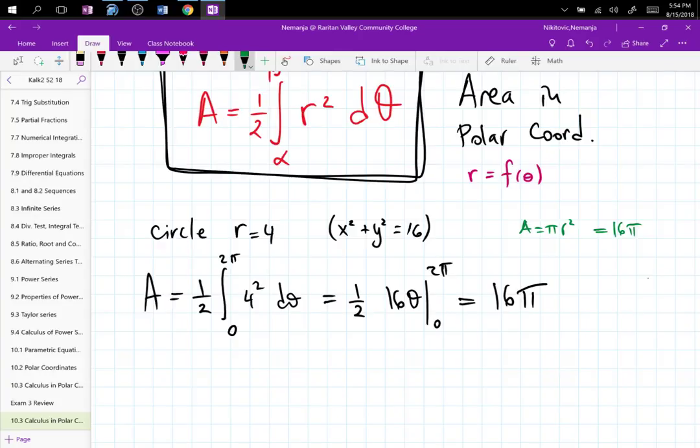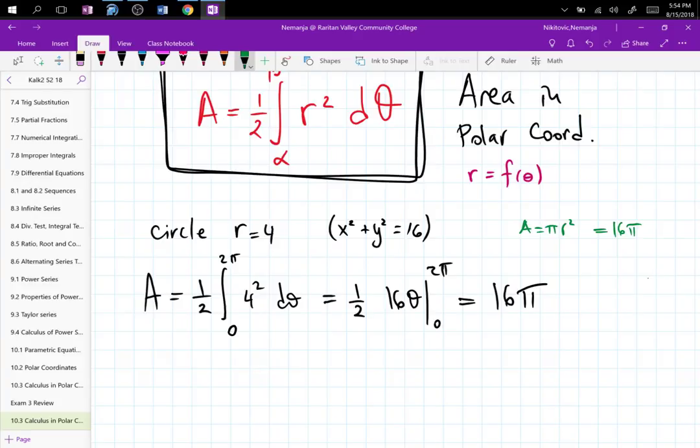Because what is the circle in polar coordinates? It's constant. So what's the easiest thing to integrate? Constant, right? So the integral of a constant, it's a constant squared here, right? Because the equation is r squared. So when you plug all of that stuff in, you get 16 pi, which is actually the area of the circle.